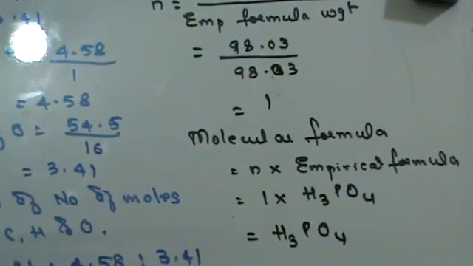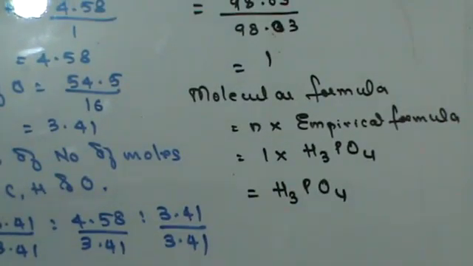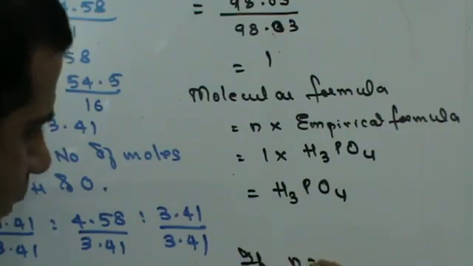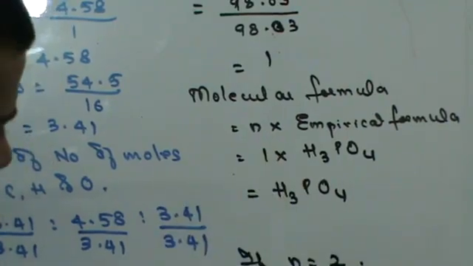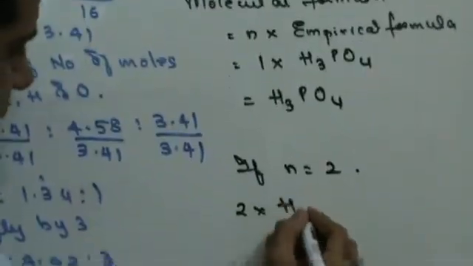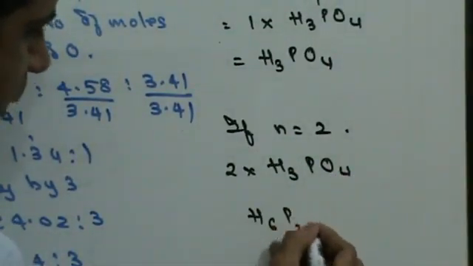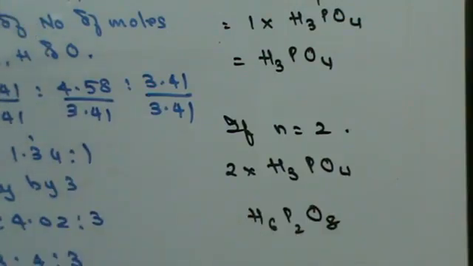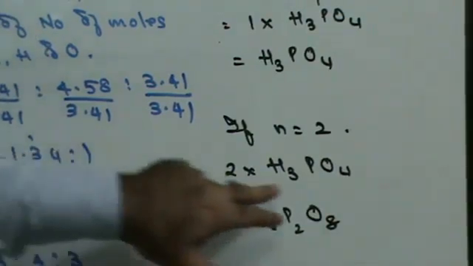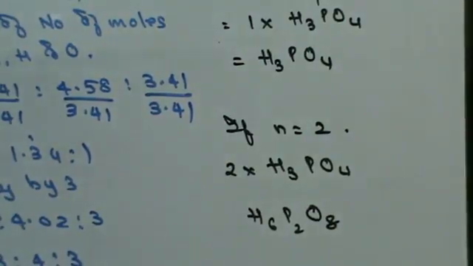Guys, just in case, I just want to show you this. Just in case, if N was 2, then how would the answer be? It would have been 2 into H3PO4, which would have been H6P2O8. So if it's a number other than 1, whatever is the number, you will multiply the ratios by it, right? Do we get this thing clear?